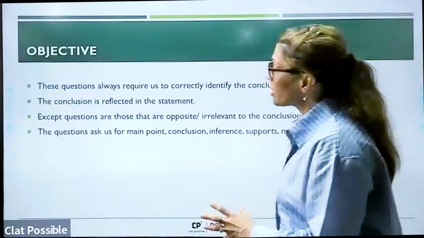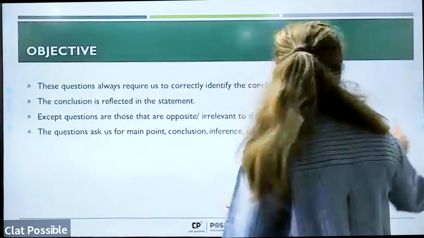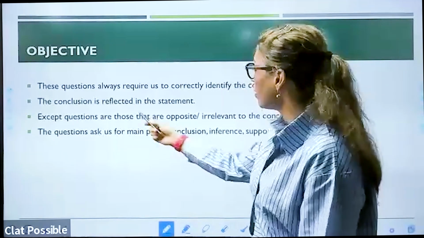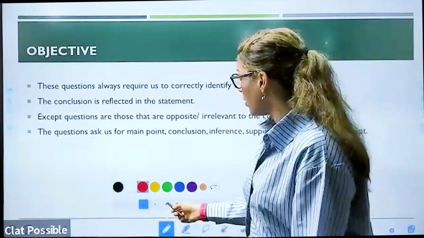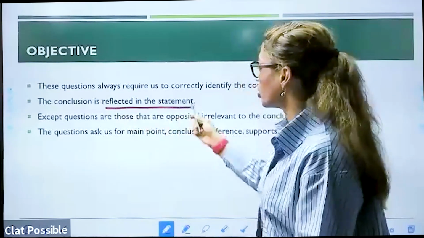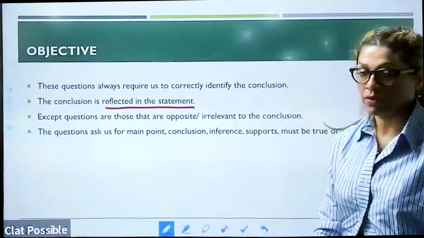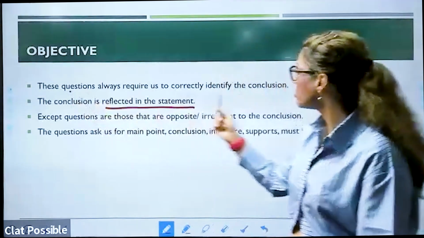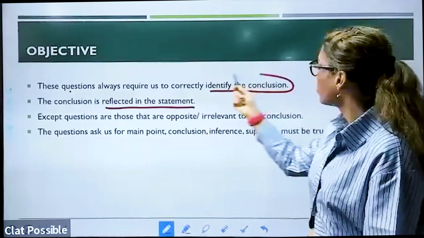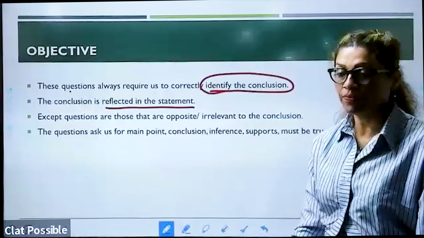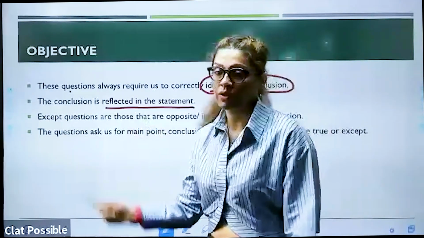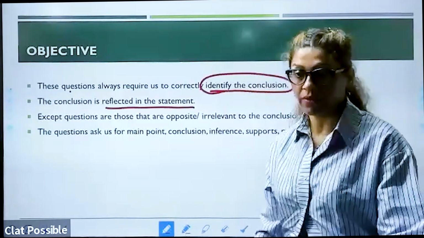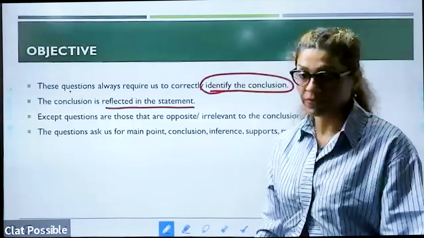What you choose as an answer option over here reflects the conclusion, right? So when you are answering these questions, remember that you are focusing on the conclusion. The answer option reflects the conclusion again in whichever way that may be.